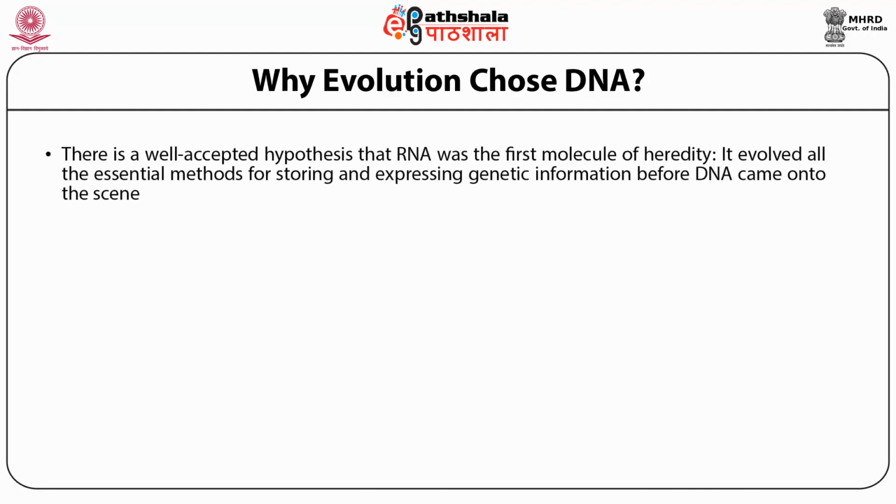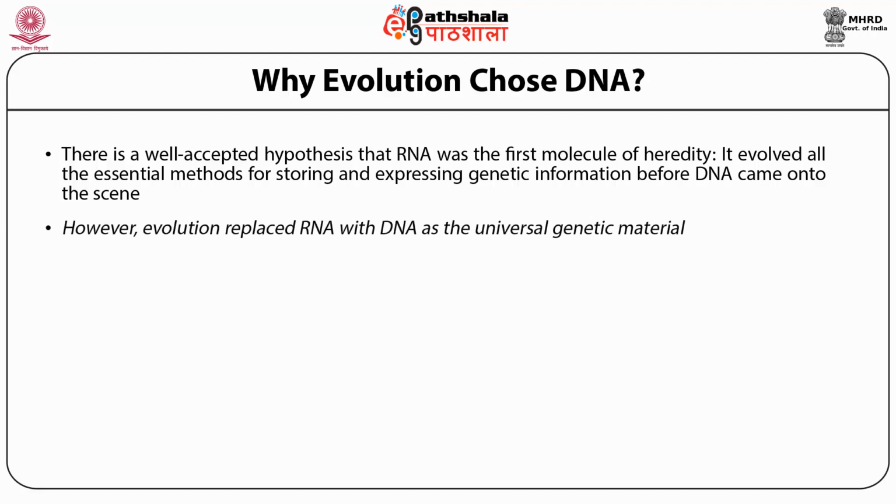There is a well-accepted hypothesis that RNA was the first molecule of heredity. It evolved all the essential methods for storing and expressing genetic information before DNA came into the scene. However, evolution replaced RNA with DNA as the universal genetic material.